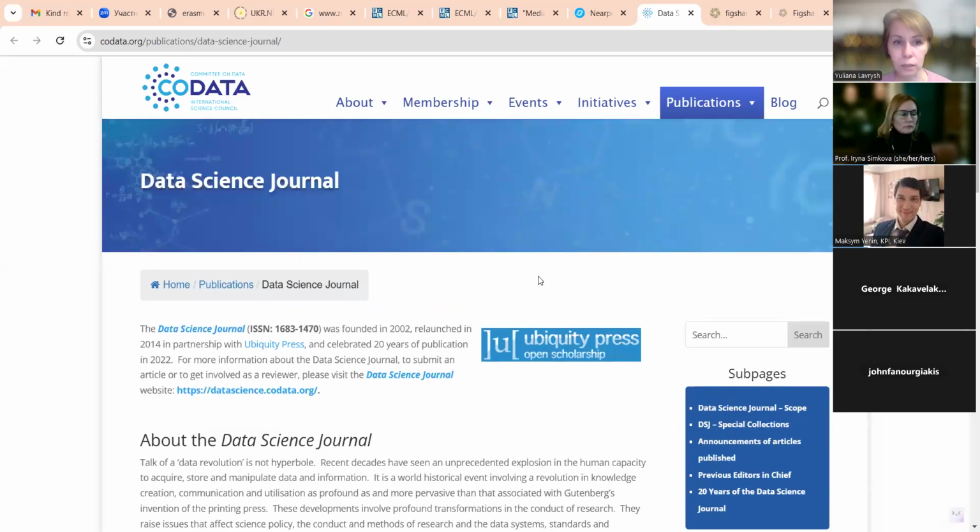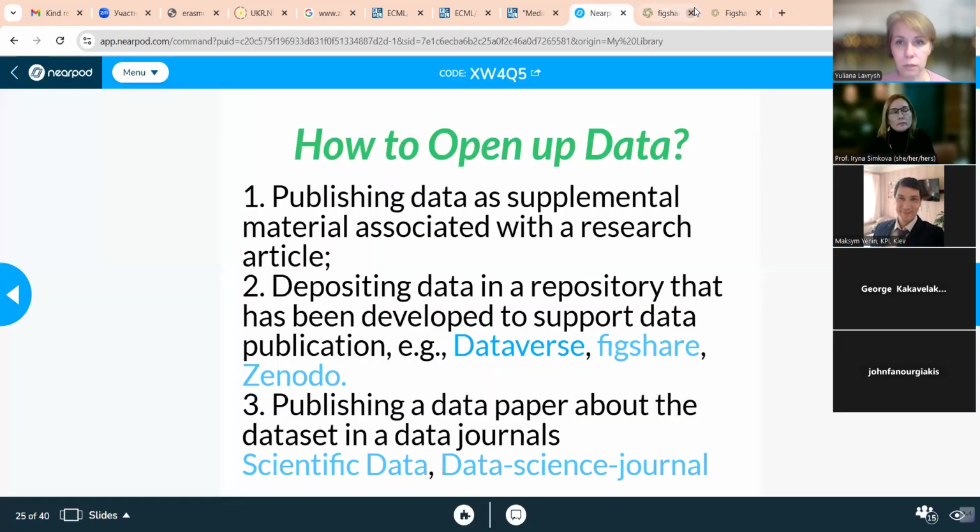Or you can even publish something like a paper about your data. It's also possible.